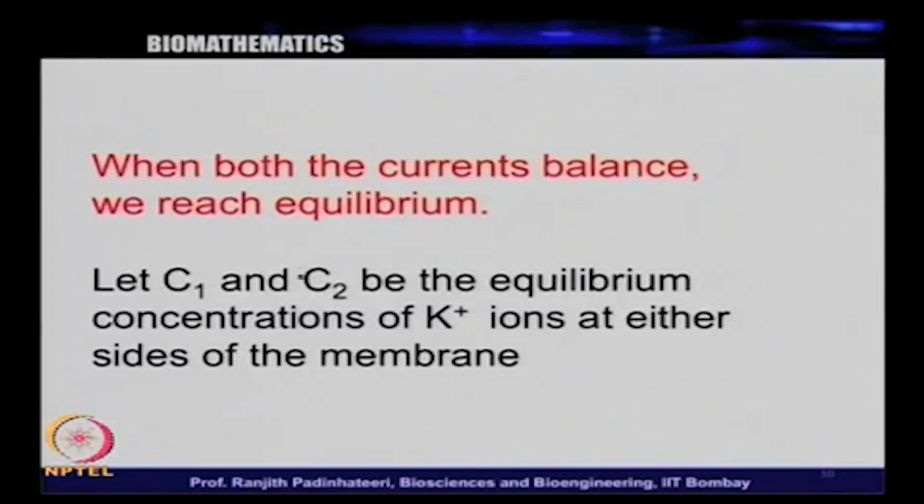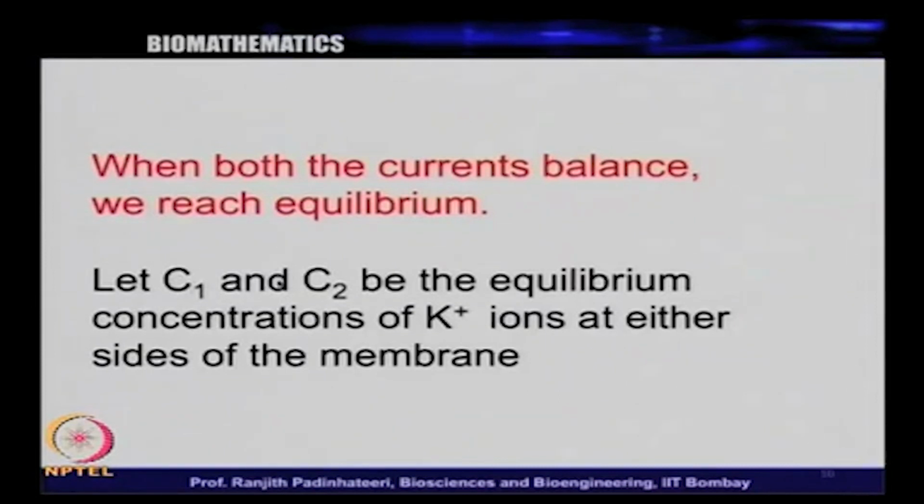So, these are equilibrium concentrations, not the initial concentrations. Initially we had some concentration, so let me call the initial concentrations C1 0 and C2 0. Now C1 and C2 are the concentrations at equilibrium.